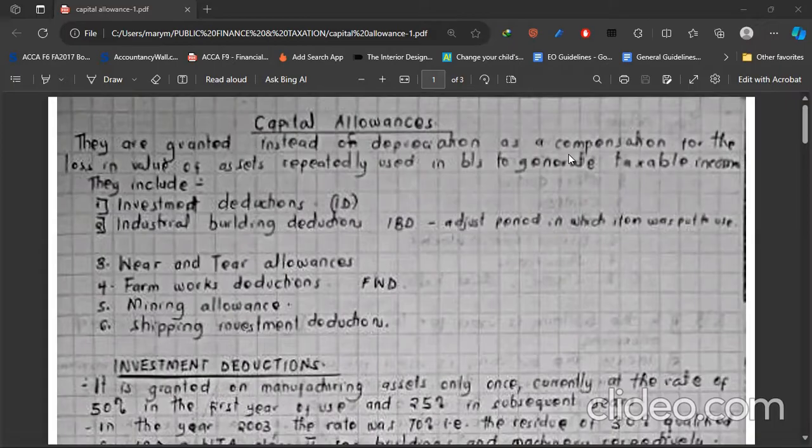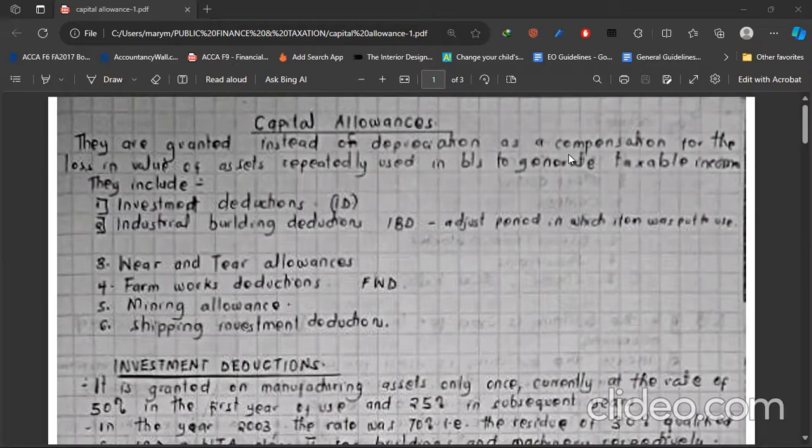It is very important to know that how assets lose value is different from what you do when computing financial reporting or doing financial management.